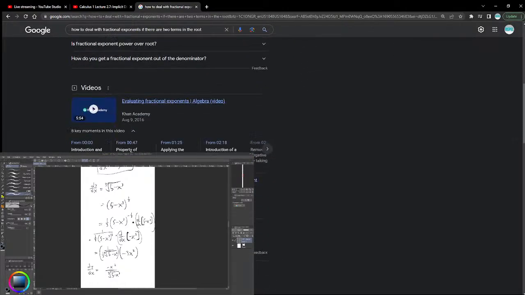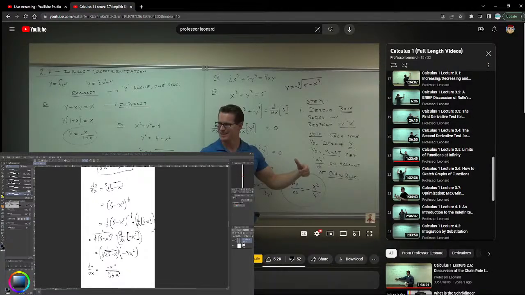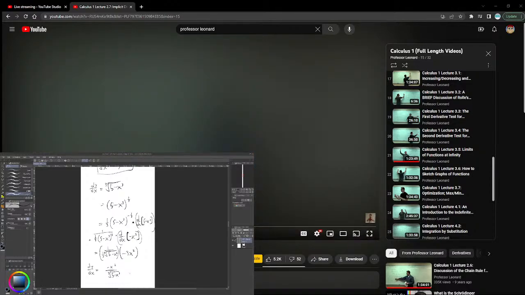This is what I want. Use Photomath. This should be squared. Let's see how.